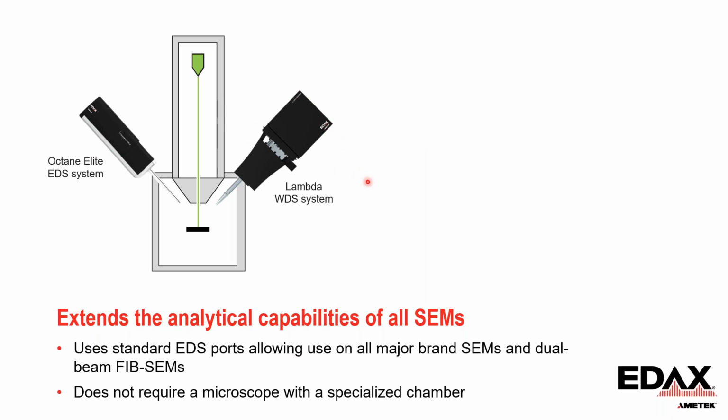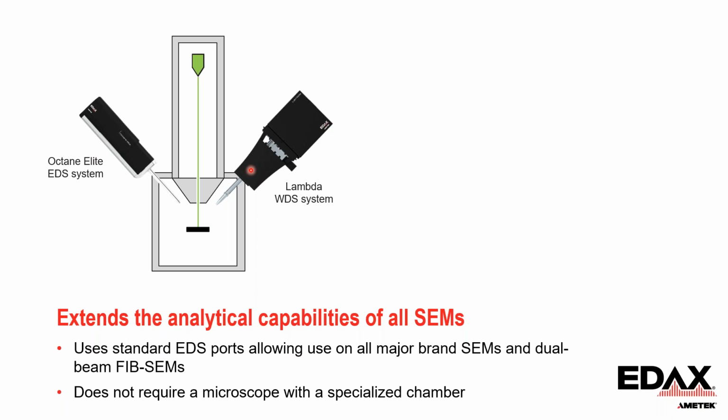This is the Lambda WDS spectrometer mounted on the SEM column. This is our EDS detector. Our Lambda WDS system uses all of the WDS port and most of the standard EDS ports.